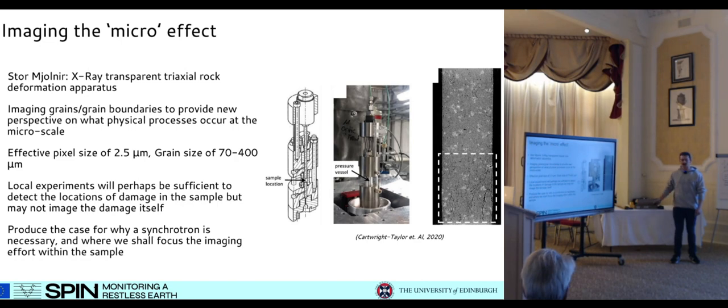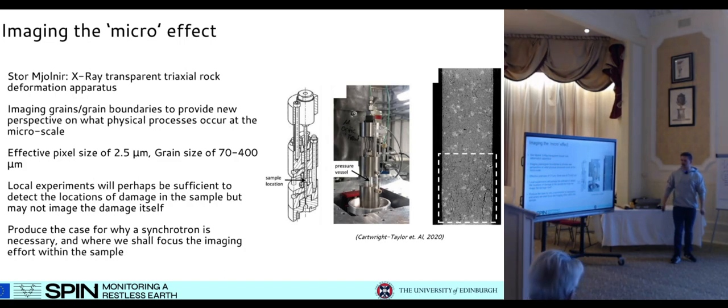We have a CT scanner locally in Edinburgh, which I will be using, and a rock deformation apparatus called Thor's. If you're into mythology, I believe that's Thor's hammer. So what I'm trying to do is image where this damage occurs. I'm looking at grain boundaries, pore space.